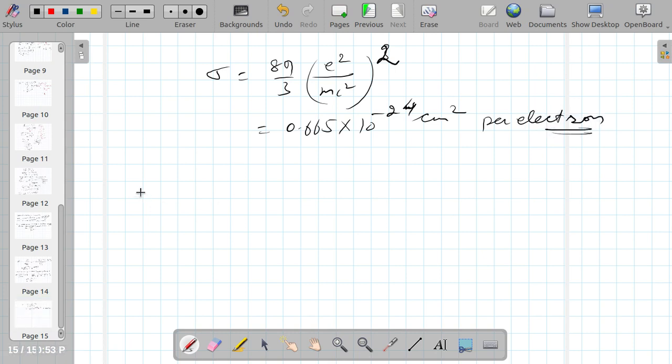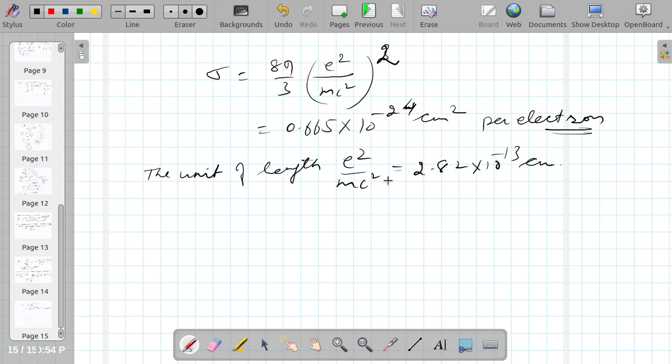Right, and because it is a unit of length, e square over mc square, which is 2.82 into 10 raised to power minus 13 centimeter, is called the classical electron radius.